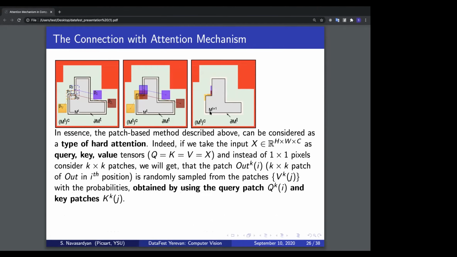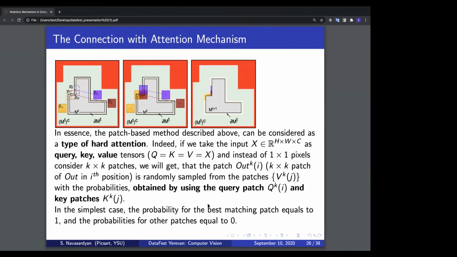Indeed, in this case, we can just take query key value tensors as the input and output the tensor. And for each patch of the output, we can sample from the outputs of the patches of value tensor, and sample with probabilities we are assigning to each patch.